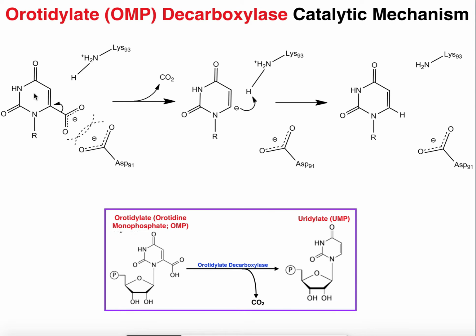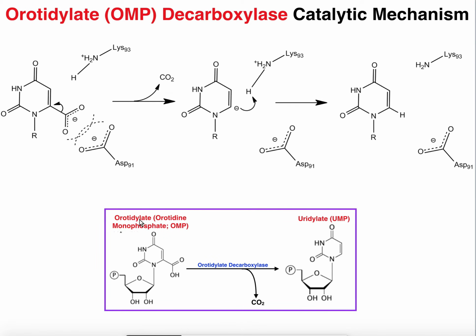I forget the exact number, but it's something like a 10 to the 17th factor of rate enhancement, which is extremely impressive. Actually, this mechanism is fairly simple, but it's a very interesting mechanism, and I think it's kind of cool. So that's why I'm going to show it here.